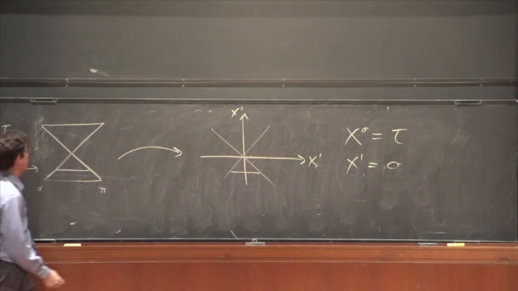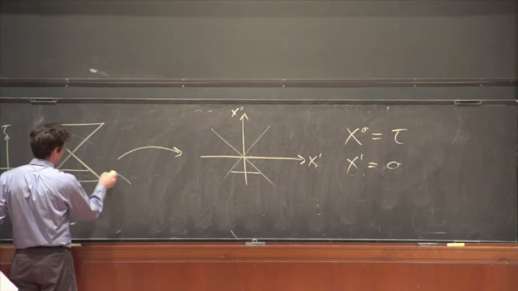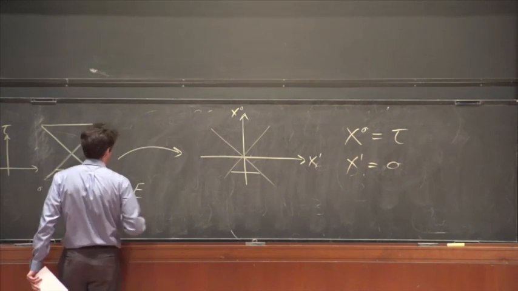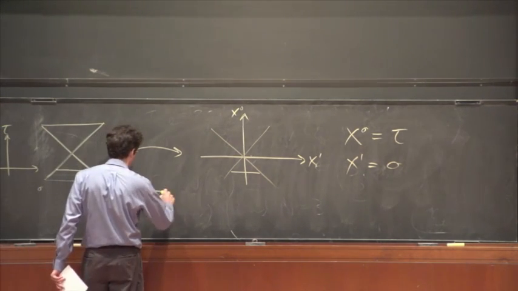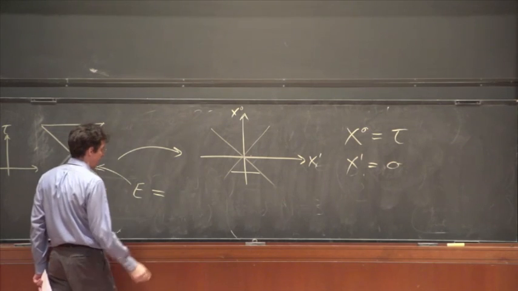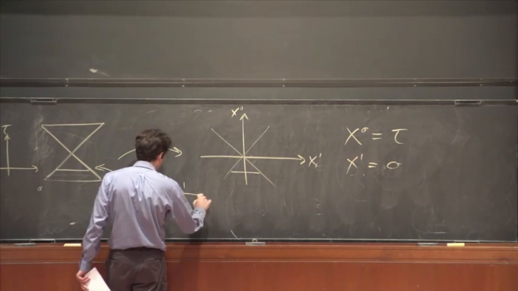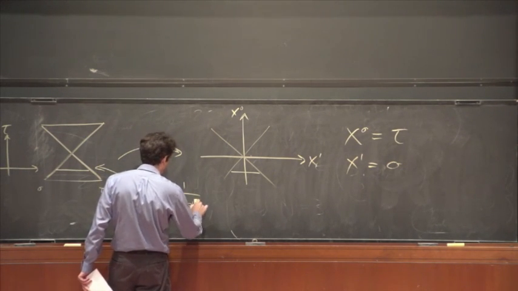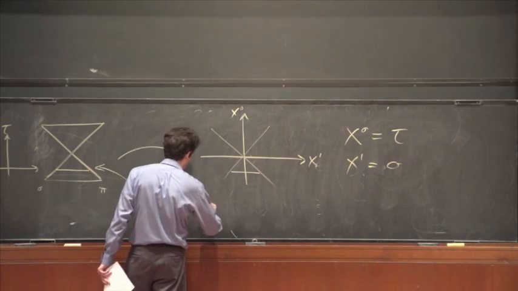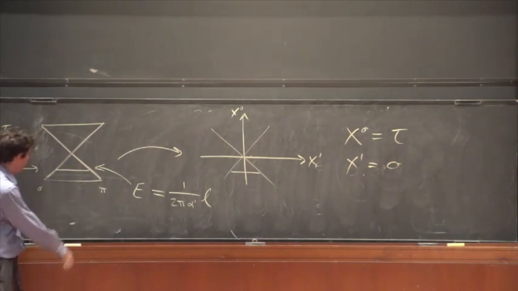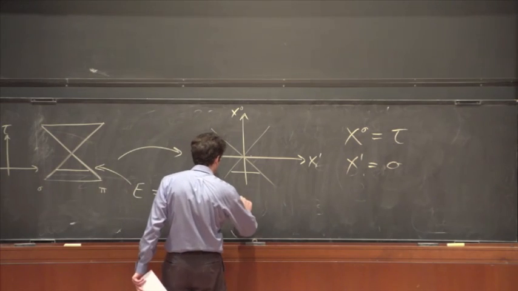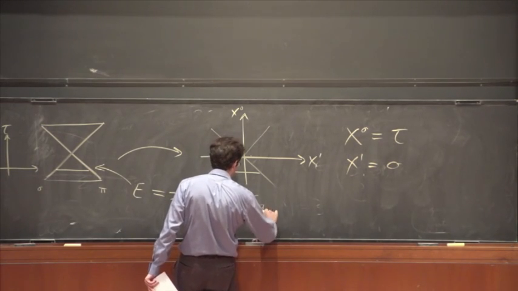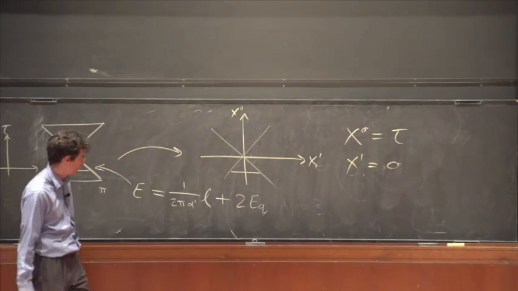The trouble is that if you want to know what is the energy of this little bit of string, you would have to say that it is the tension, which is 1 divided by 2 pi alpha prime, times the length, its instantaneous length, plus twice the energy of one of its endpoints.